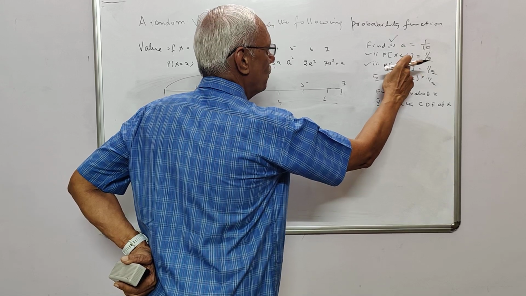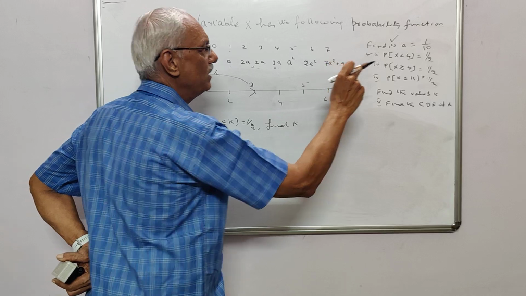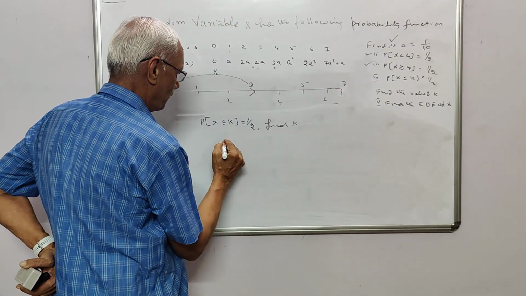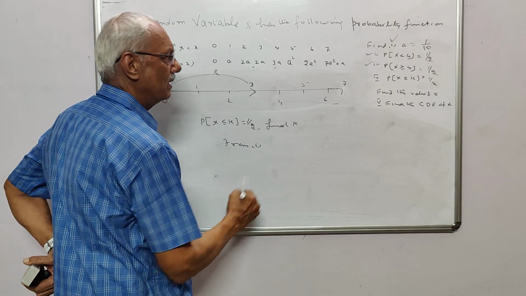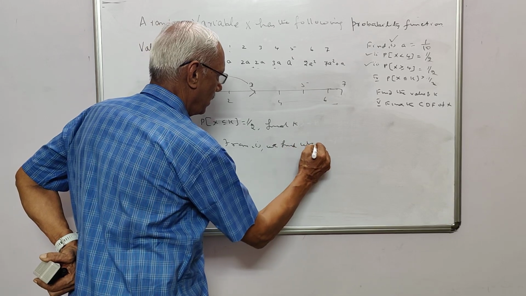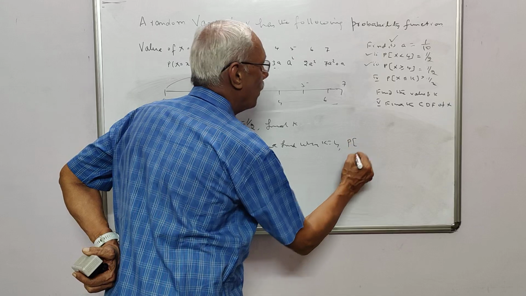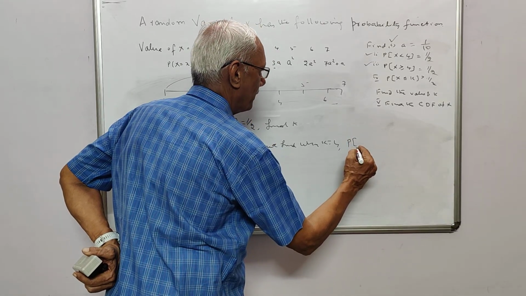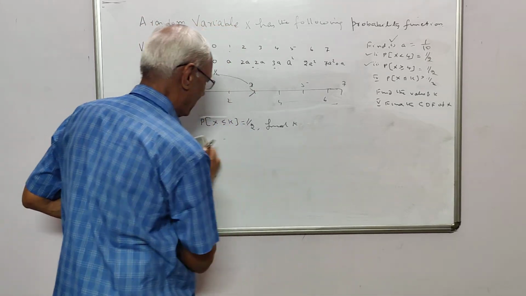You see that only when you get k is equal to 4, now from 1 we find, when k is equal to 4, P of x... we will straight away write this.